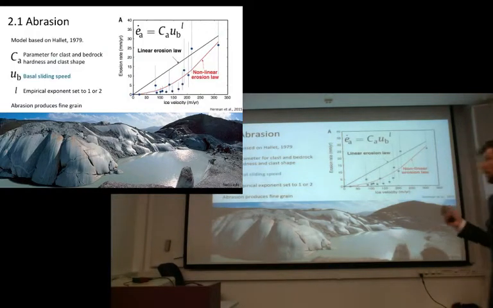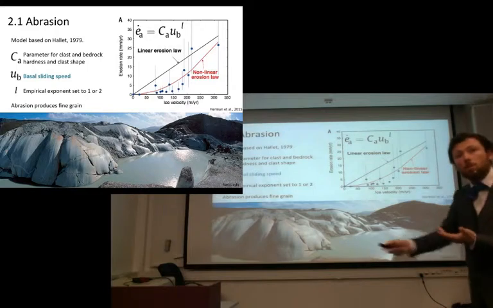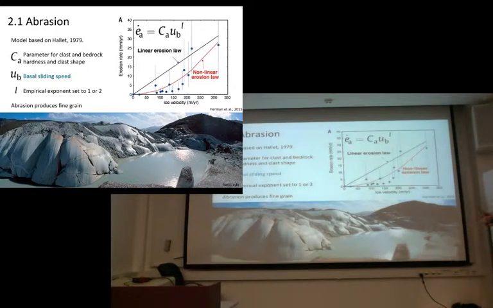This is the concept in the model based on Boulton, 1979. We have EA, which means erosion rate for abrasion, and it depends on UB. UB is the sliding, how fast the glacier moves at the bed. Then there are a couple of parameters, because CA, for example, is a parameter for glass and bedrock hardness.